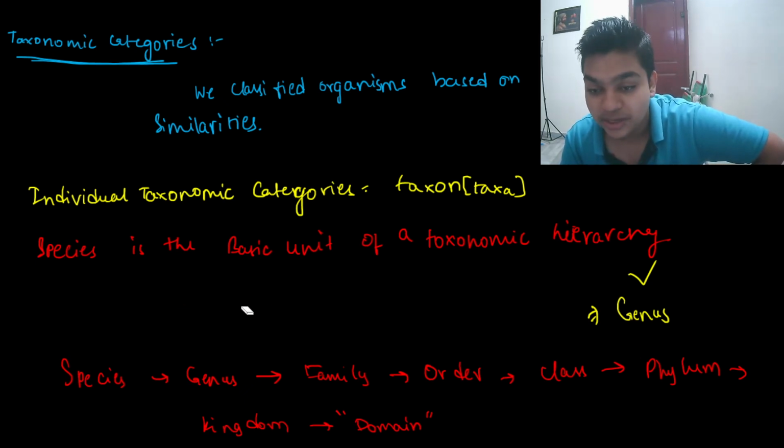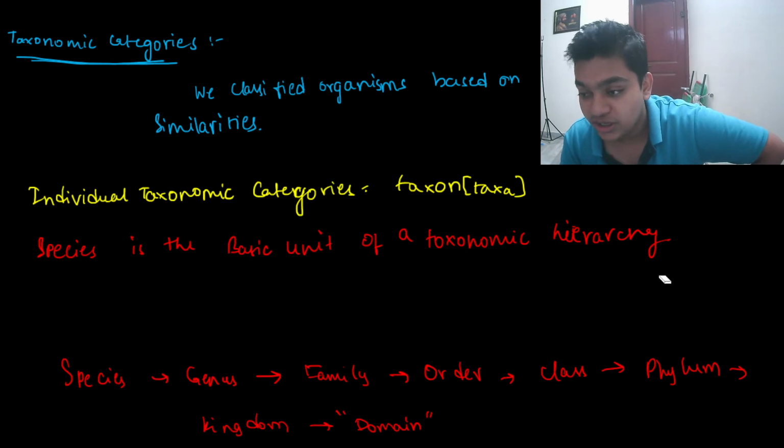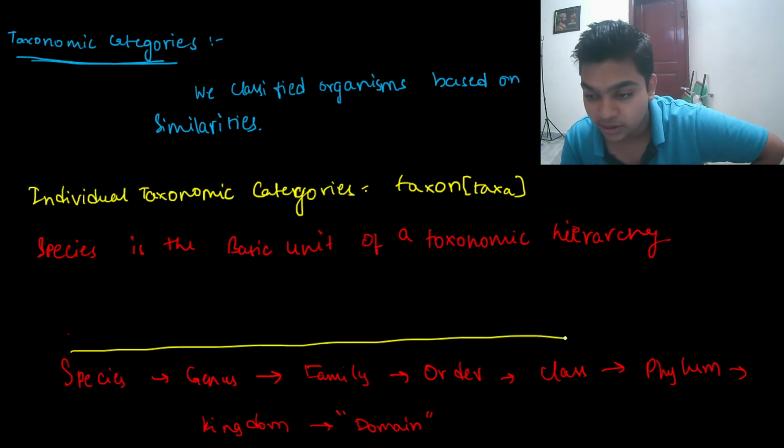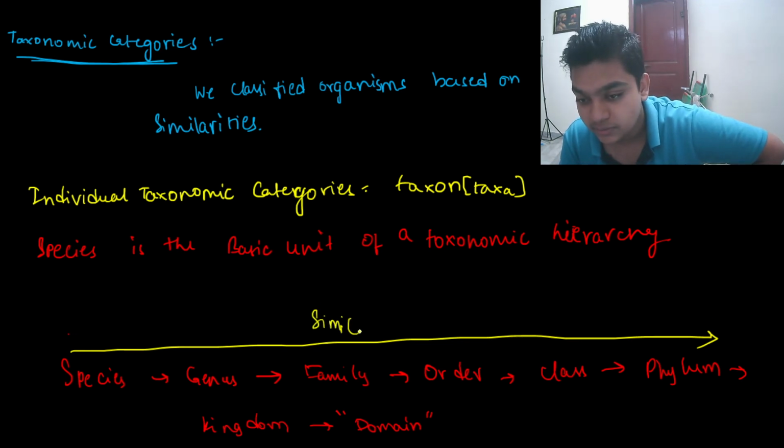And this table is very important. They can give you direct questions from this table also. We have to remember that table. It is very easy. Please do it now. Okay, did you understand what I just said? While we are moving from bottom to top, similarities decrease.